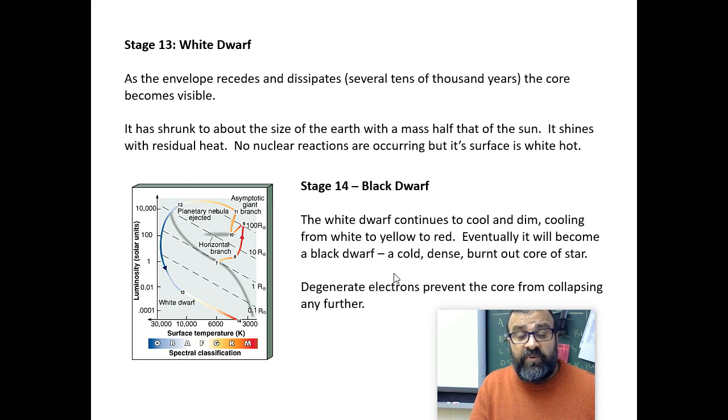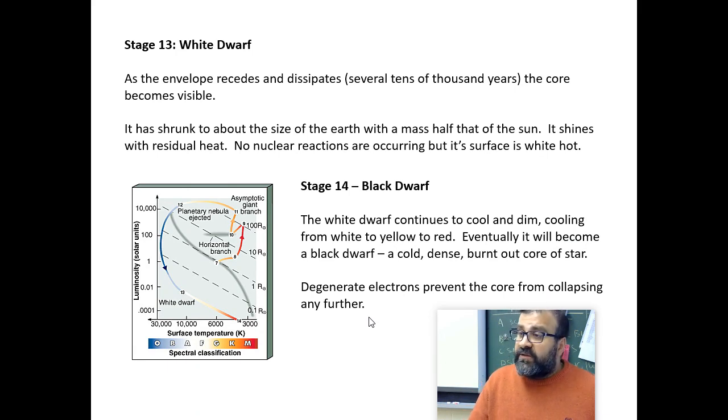Eventually, they'll cool to the point where they're giving off no light at all, and we have what we call a black dwarf. This black dwarf is mostly carbon and a little bit of oxygen. And I've said it here: a cold, dense, burnt-out core of a star. And degenerate electrons, so electron pressure, prevent the core from collapsing any further.